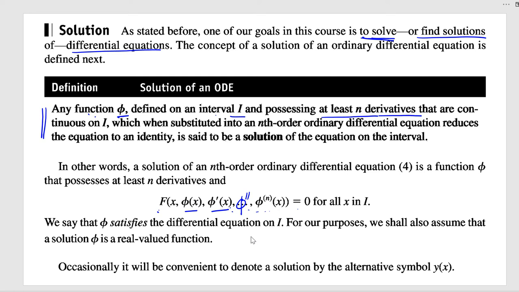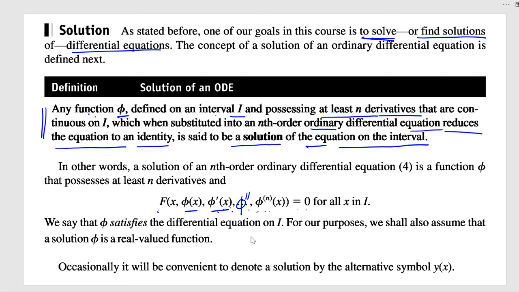If we substitute these in the differential equation and it reduces to an identity, then it becomes a solution of the equation on that particular interval.